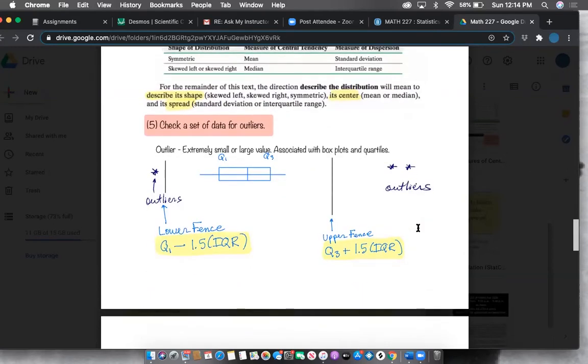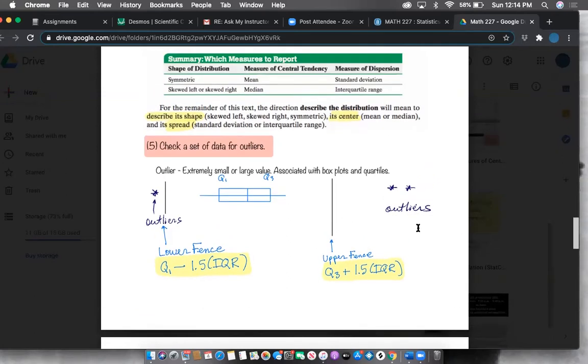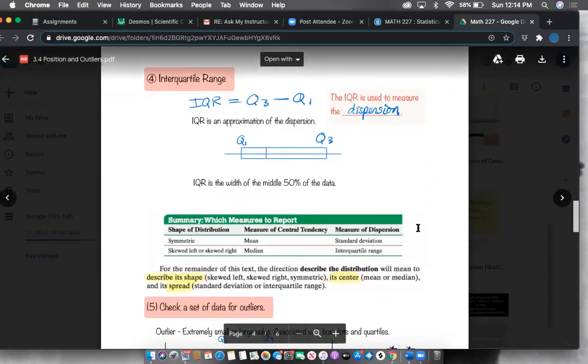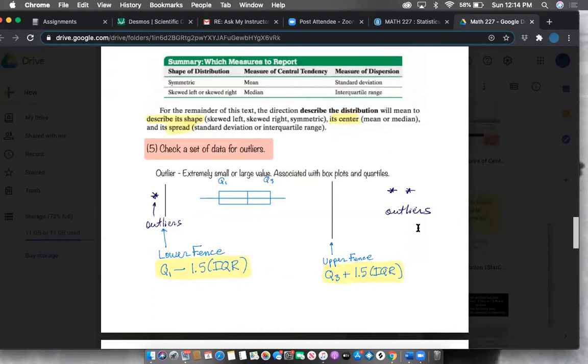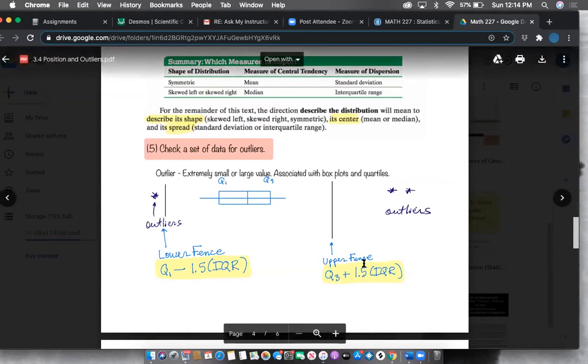You see how it says lower fence and upper fence? Those are the formulas you need to use to check whether or not that thing is an outlier. You just need to make that upper fence and that lower fence. So I need to plug these formulas in to get my answer.